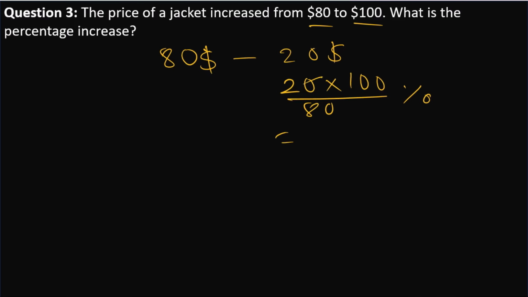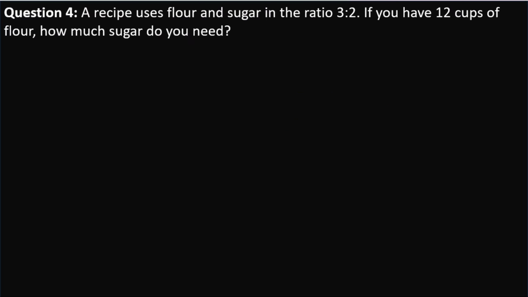So here 20 goes into 80 four times, and 4 goes into 100 twenty-five times. So the price has increased 25% from its previous price.